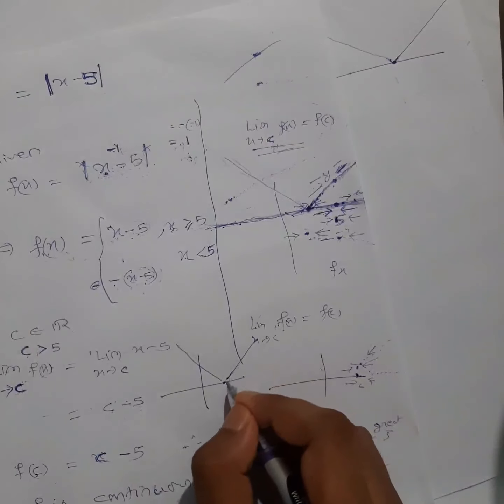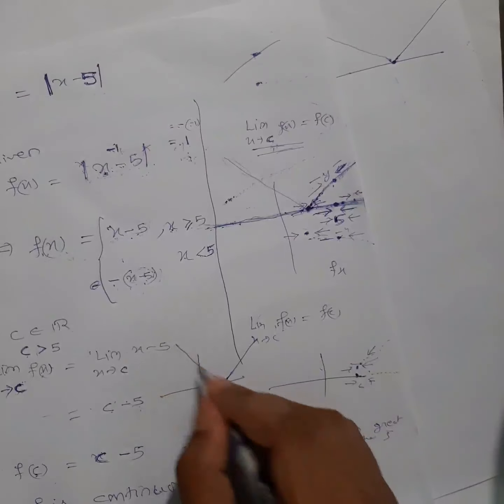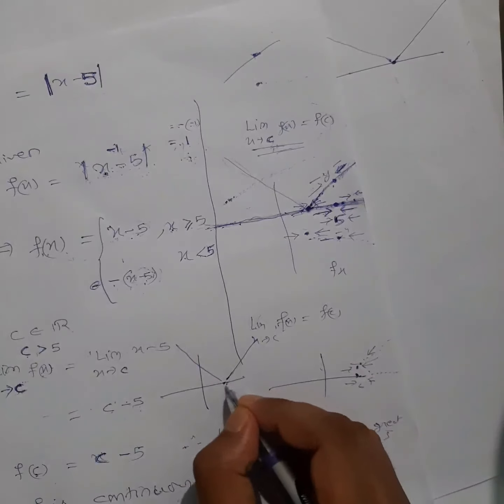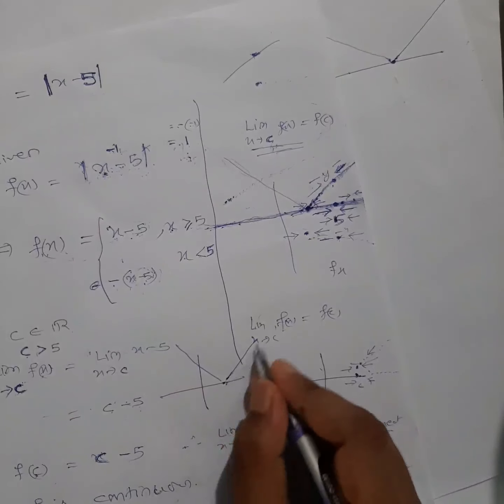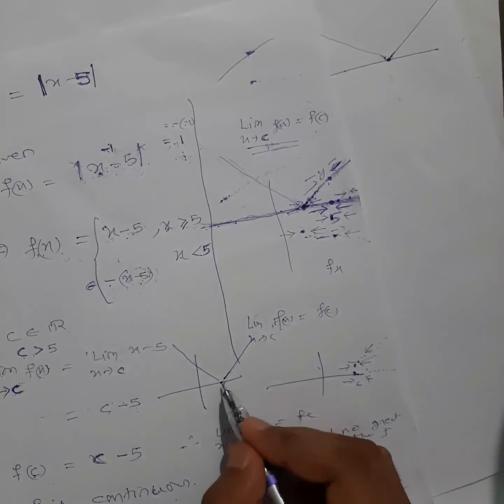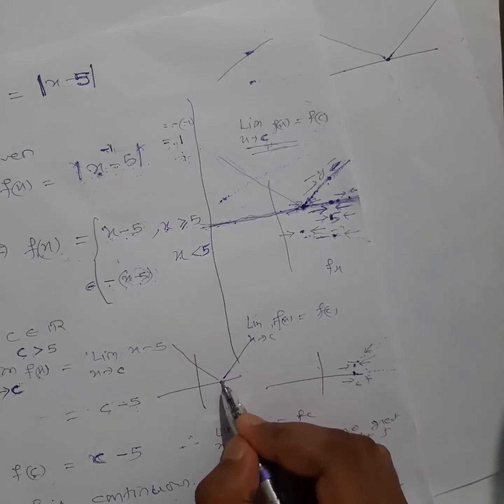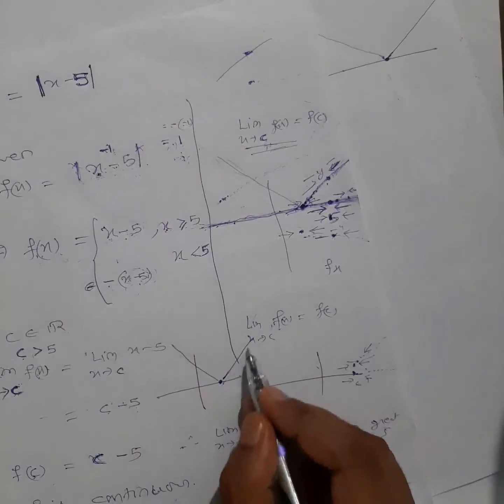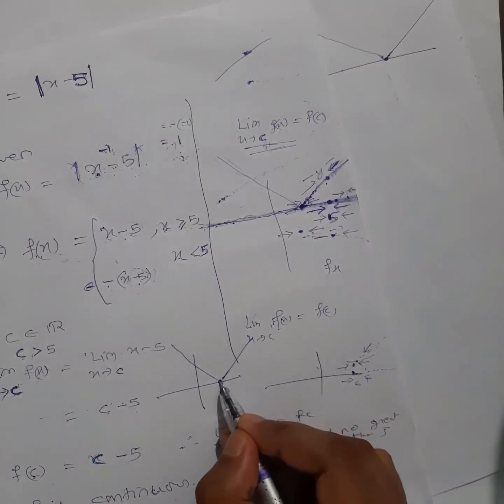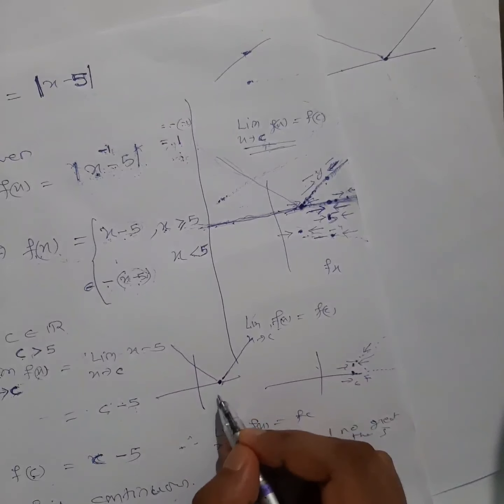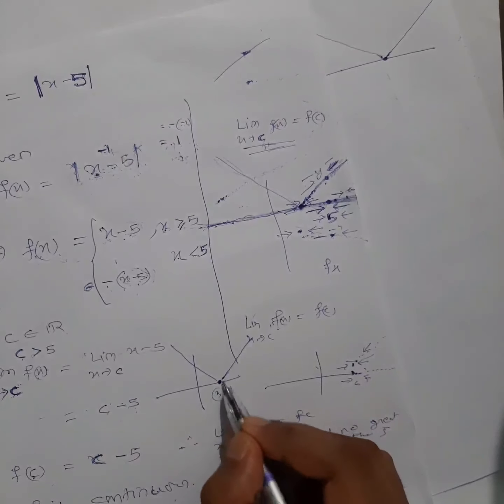Now if you want to show the graph is continuous at every real number, this point also must not break. If it breaks here, then I will say the function is not continuous. So that's why I was checking whether this point is there in the function, in the graph or not. This point is there means what? The x and y value is there or not, you have to find out.